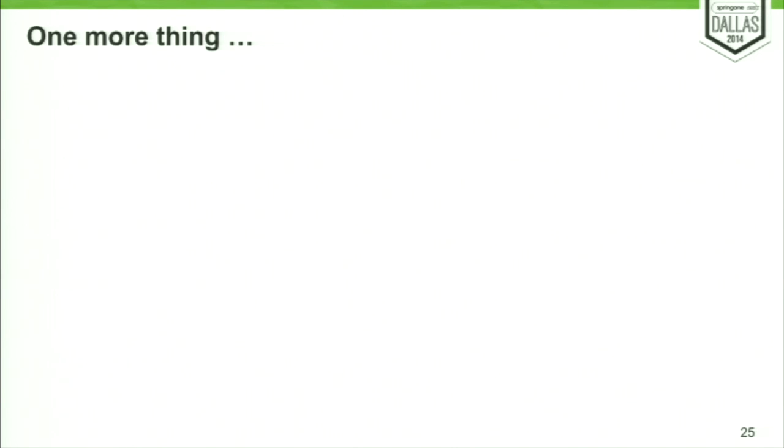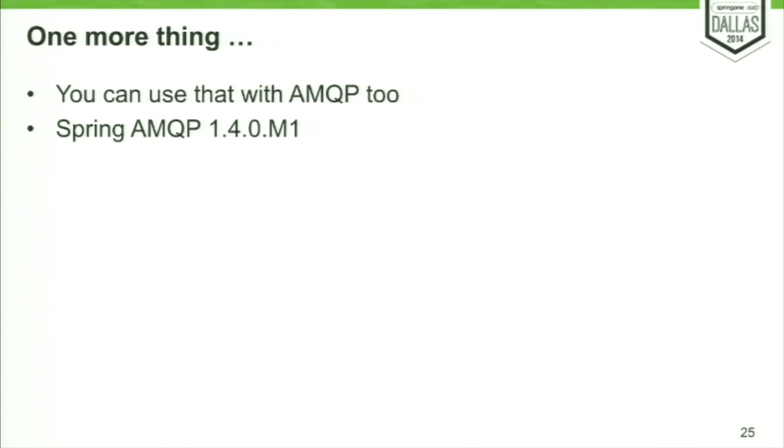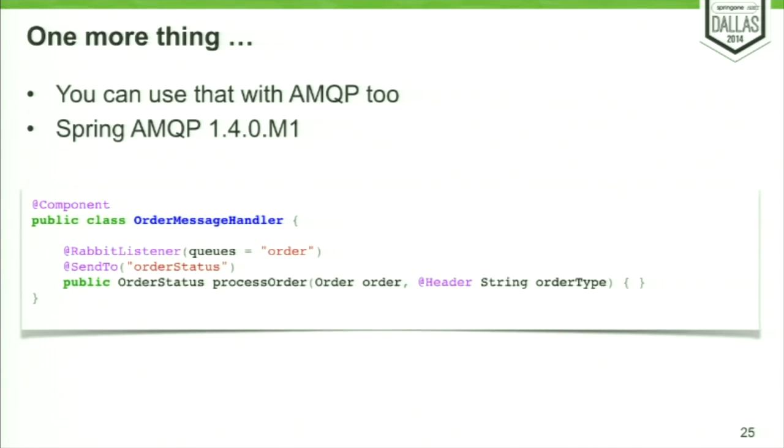But there's one more thing to the presentation: everything that we saw today regarding JMS also works fine with AMQP. So everything we saw, including, of course, the annotated endpoint, you get the same thing with Spring AMQP 1.4 M1. So the rabbit listener annotation, the enable rabbit annotation, as you might expect.